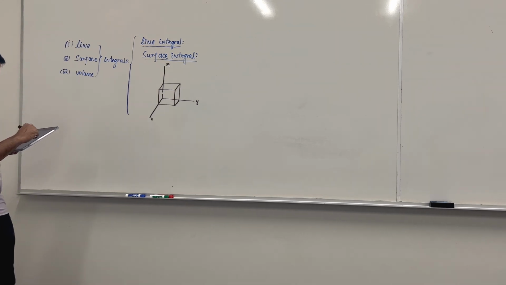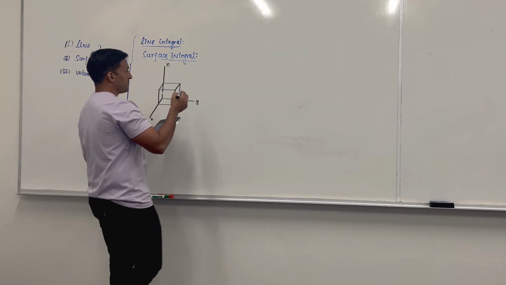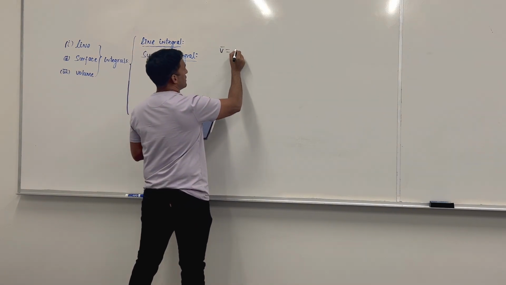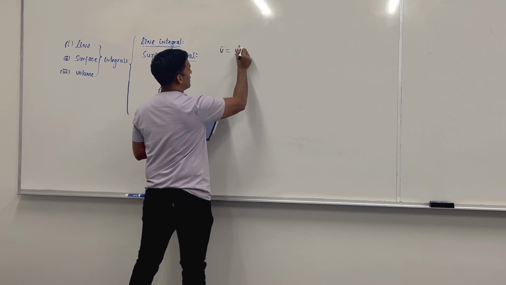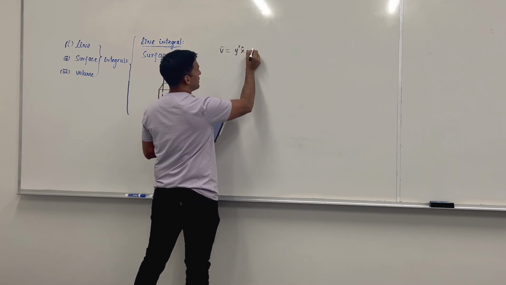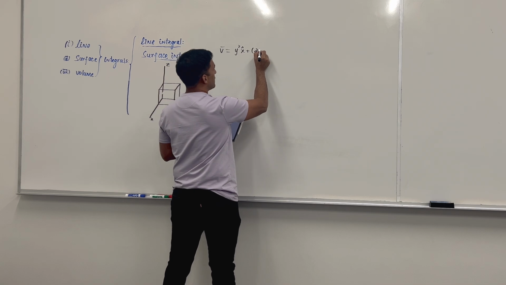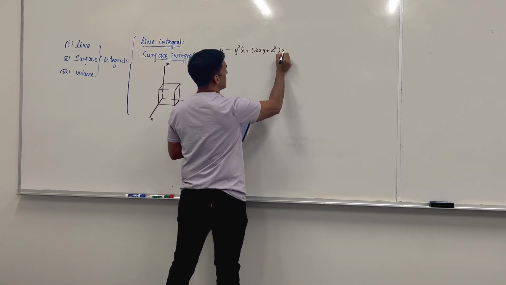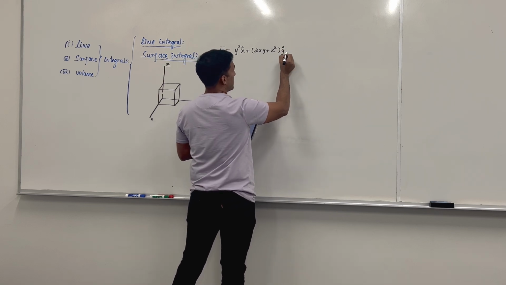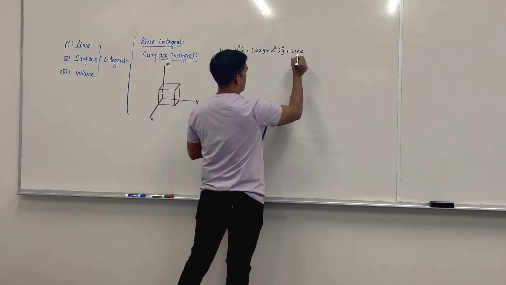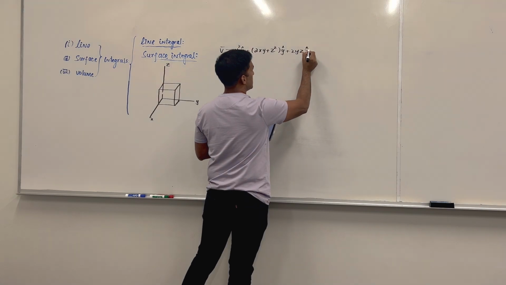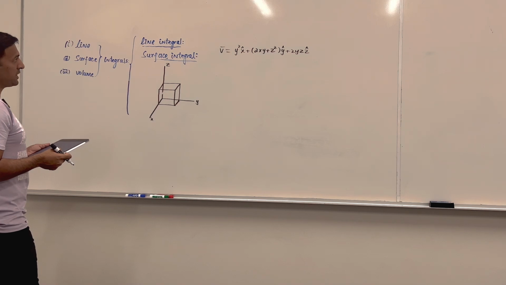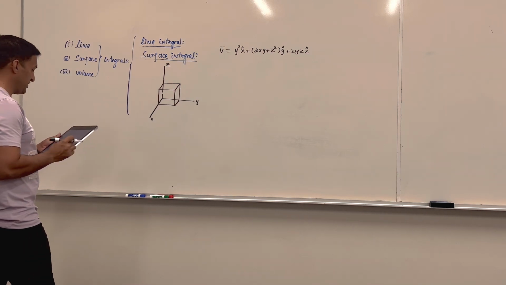So let's assume that we are given this vector field v equals y² x unit vector plus (2xy + z²) y unit vector plus 2yz z unit vector. This is the vector function that we are given, and we want to find the surface integral.